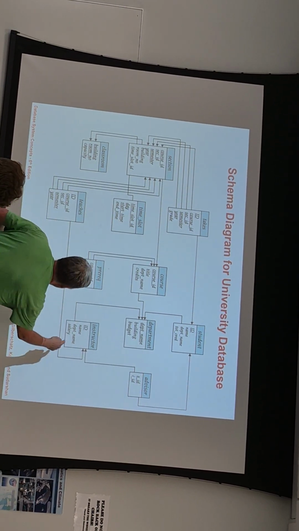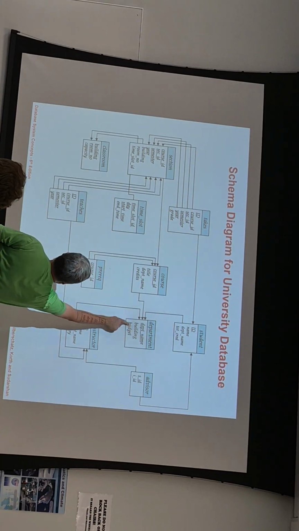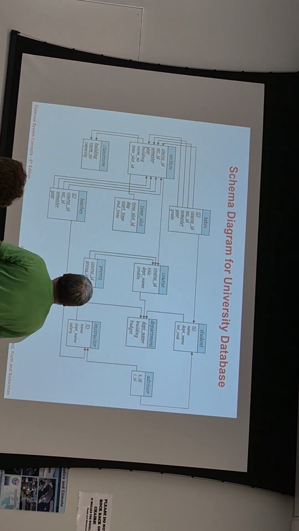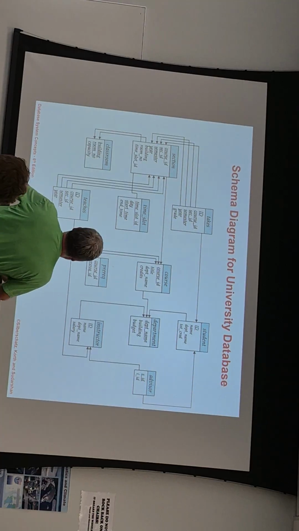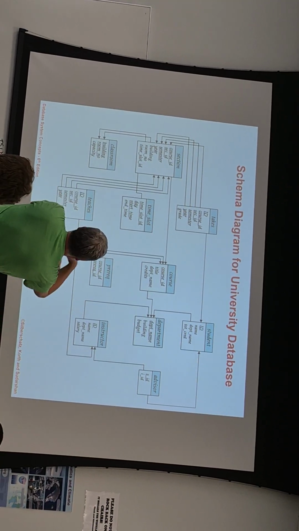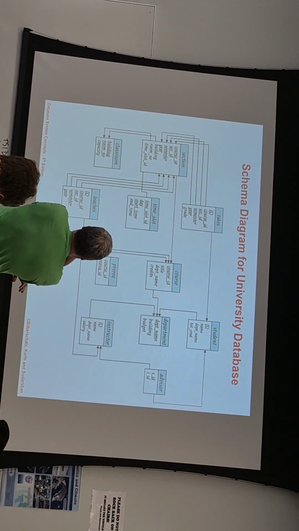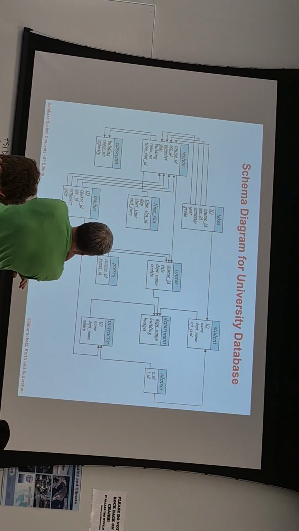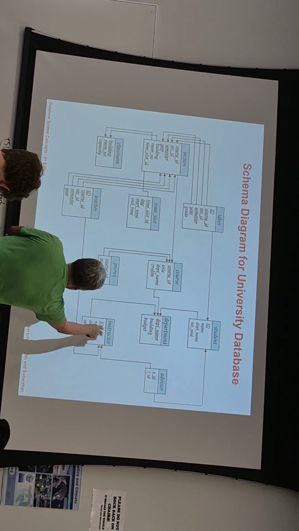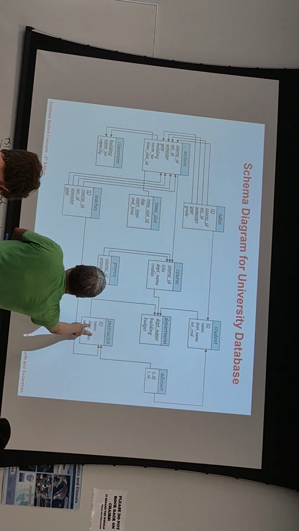And so I can see that there's a line that goes from instructor to department to course, but if I were to combine all of those values together into a single table, I've got course ID and department name is going to be the same between those two and those two.